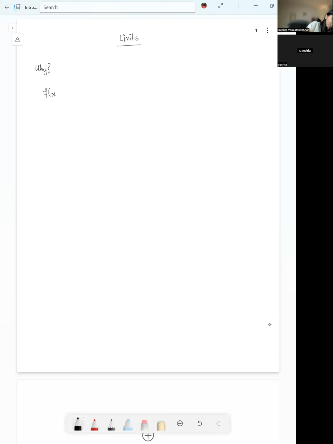that's defined by f of x, given by y equals f of x. That's a function, right? Now, the question is, what is the value of y as x goes to x0? So what does goes to mean?